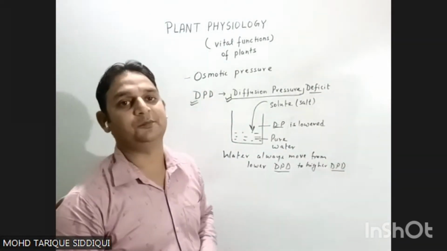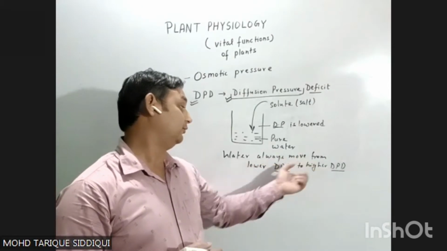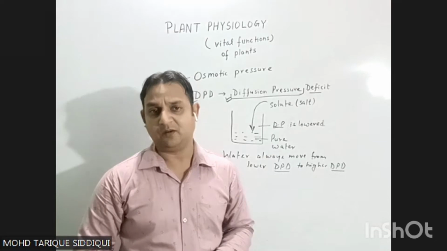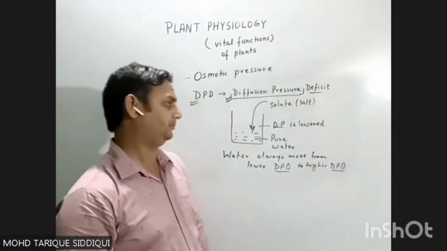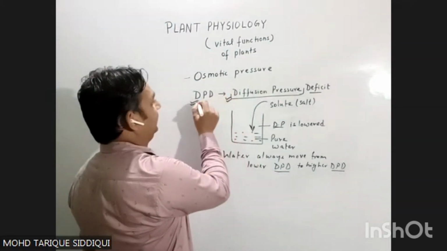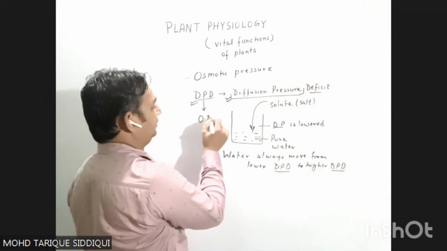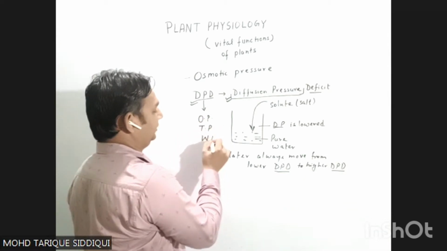Another definition of osmosis you can have: the water molecules always move from the lower DPD to higher DPD. All right. We have a relationship between DPD, osmotic pressure, turgor pressure, and the wall pressure.